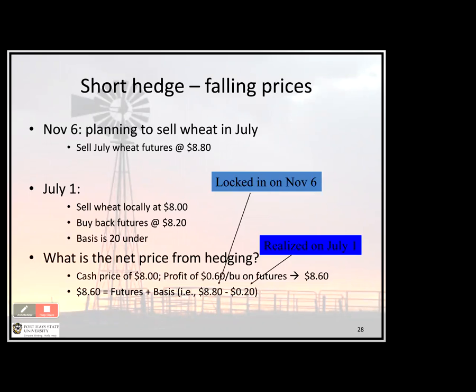This year, as I said, is kind of throwing all that out the window. Hopefully they'll get the problems fixed in the future. But the only risk we have is basis risk, what basis is going to end up being. And basis risk is less than overall cash price risk, which would be one alternative to going with a hedge.